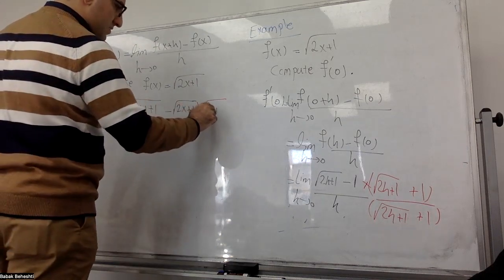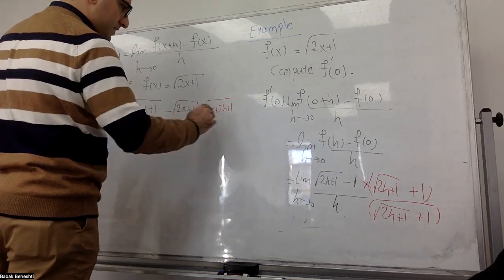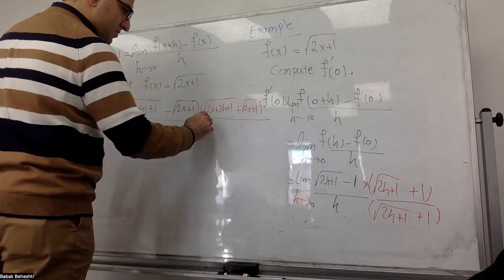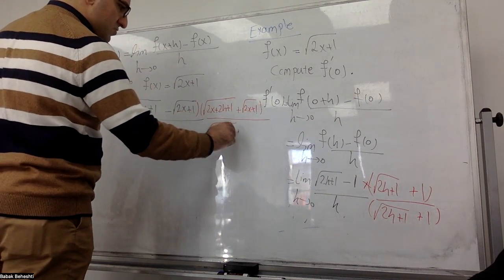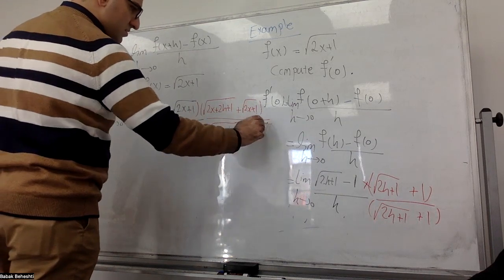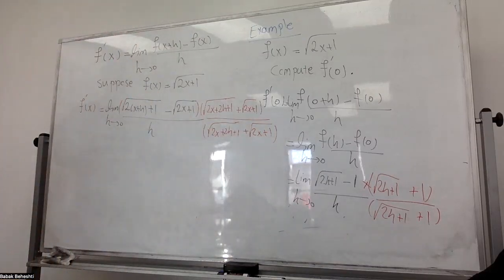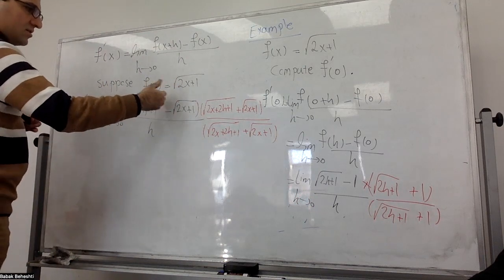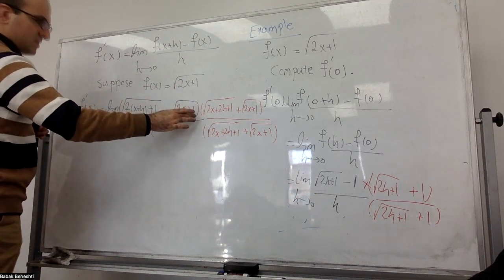So it's root of 2x plus 2h plus 1 plus root 2x plus 1, divided by the same thing. If you multiply, then the numerator would be this guy squared minus this guy squared.